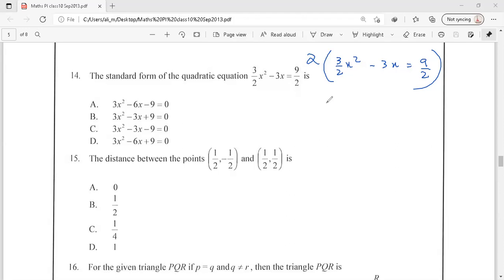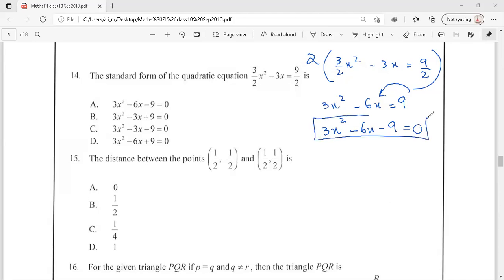So 2 into 3 over 2 x square will be 3x square, minus 6x equals 9. So let's shift this 9 to the left hand side of the equation. 3x square minus 6x minus 9 equals 0. So this is the standard form of this quadratic equation. So the correct answer we have is in option A.